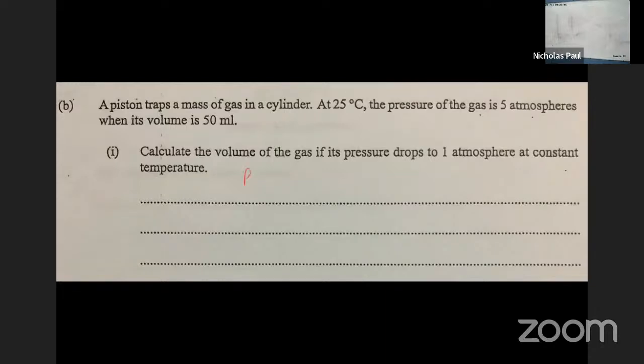Right, so you all said Boyle's law, right? So P1 is 5, V1 is 50, and now the pressure dropped to 1. So you had to find V2. So 250 is equal to V2.